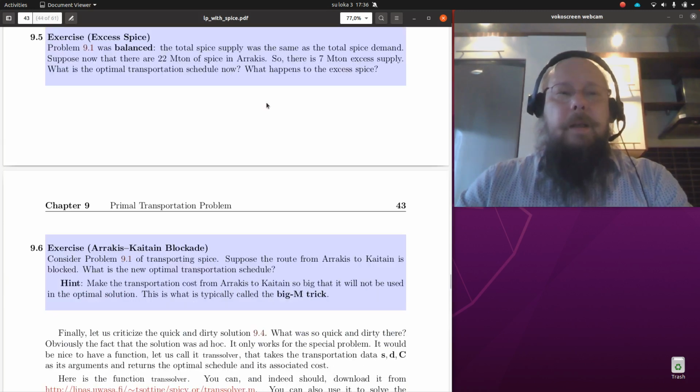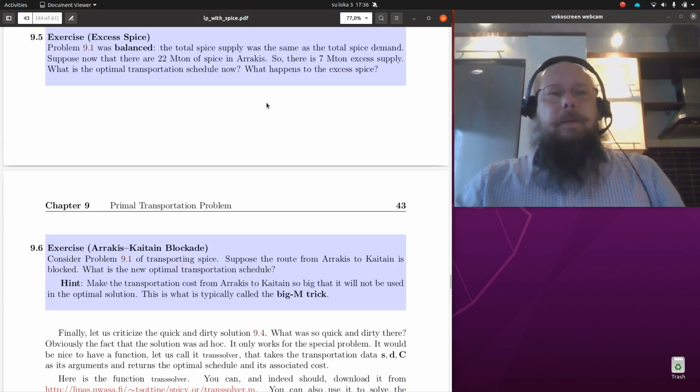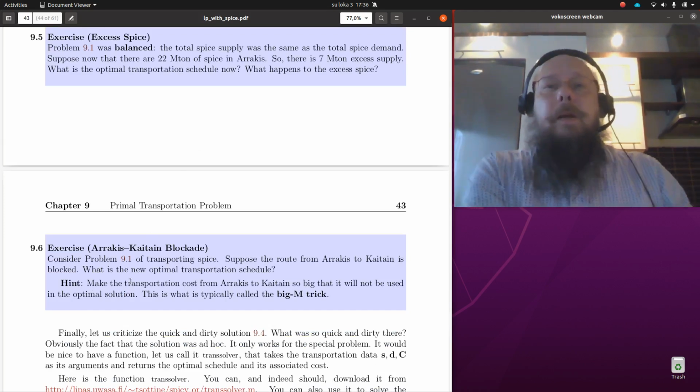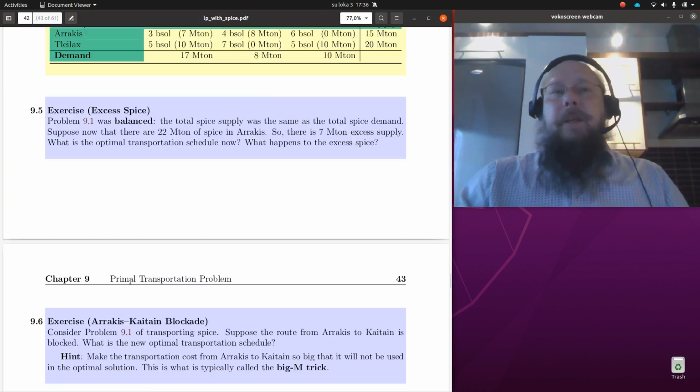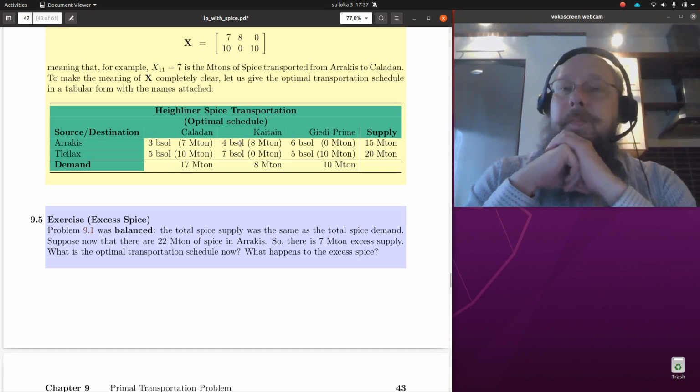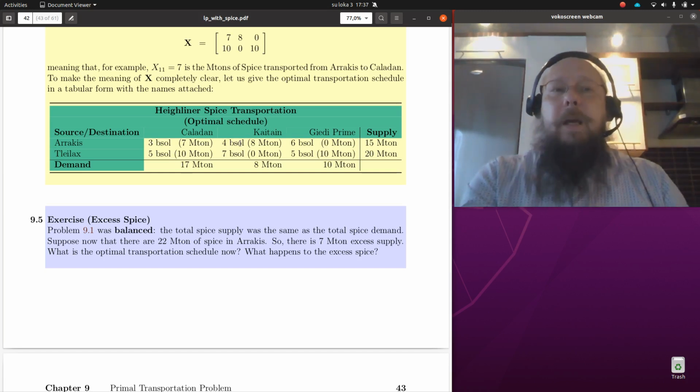The hint is that we have seen this before, and this is a very useful trick. How do we interpret that something here is blocked? Now this Arrakis Kaitain route that used to cost 4 billion is blocked. So in the solution, we must have 0 megatons going here.